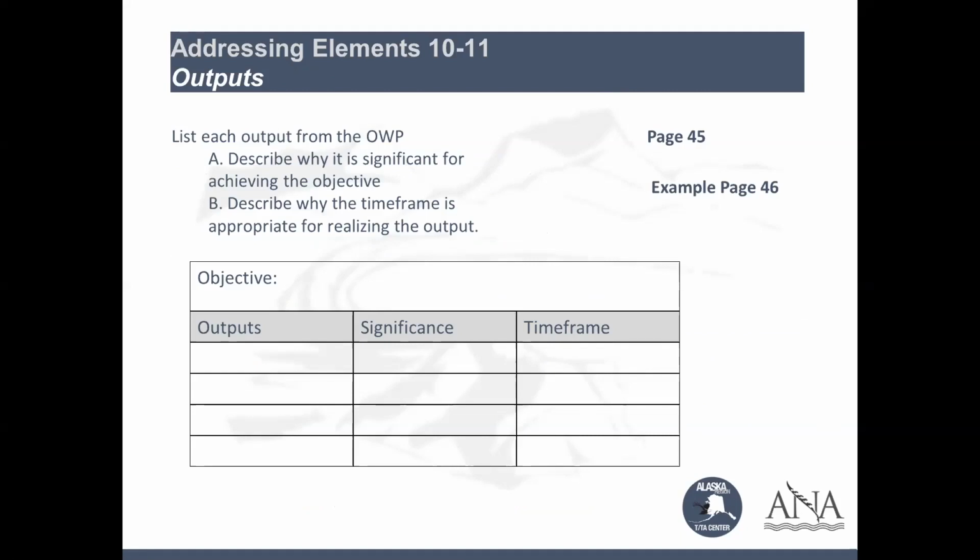Describe why it's significant for achieving the objective, as well as why the time frame is appropriate for realizing this output. We developed this small table and suggest using it as you develop and write this part of your narrative.